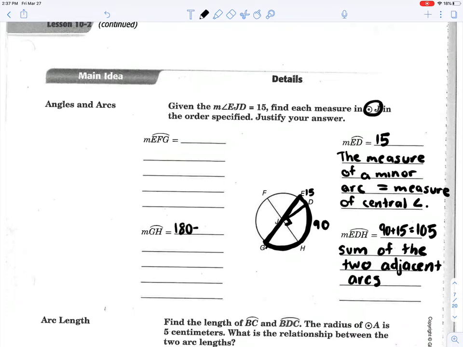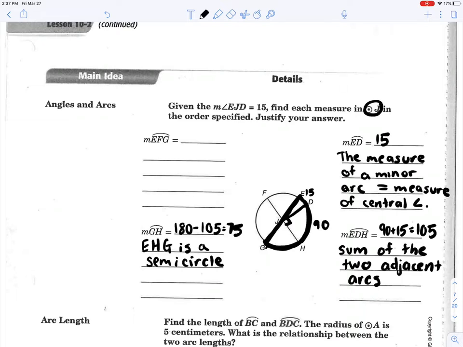So I can say GH is going to be 180 minus 105, which is 75. And I can write out why: EHG is a semicircle. That's where I got that 180 degrees.